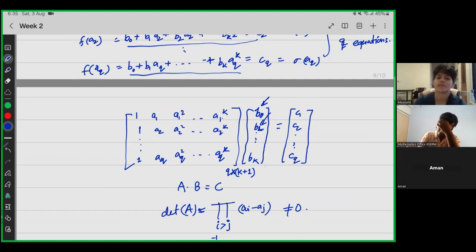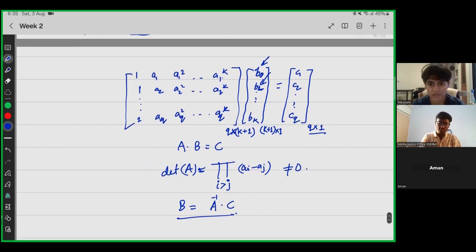I thought this is order k plus 1 cross 1, and this is q cross 1. I thought you meant the order as a group of matrices under multiplication. Yeah, no, I was not asking that. Sorry. Okay, so it is not a square matrix.